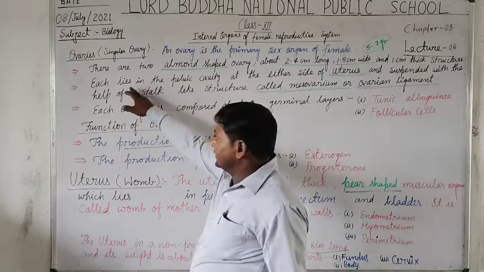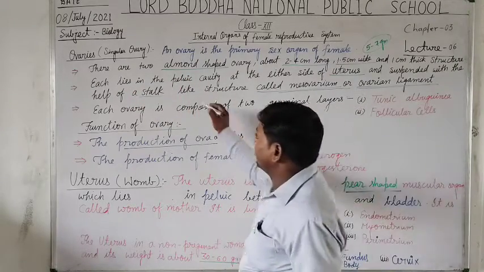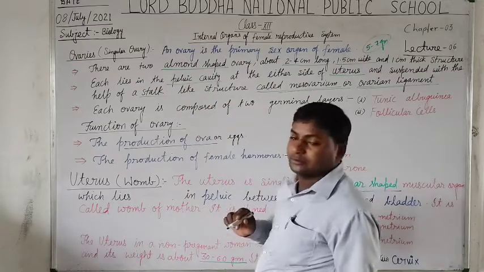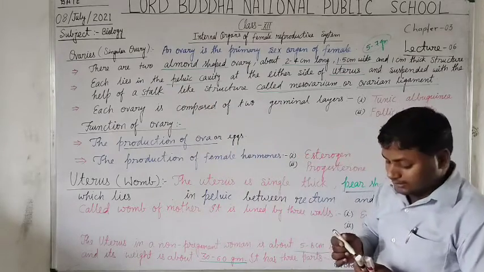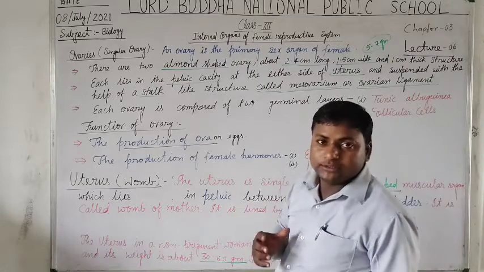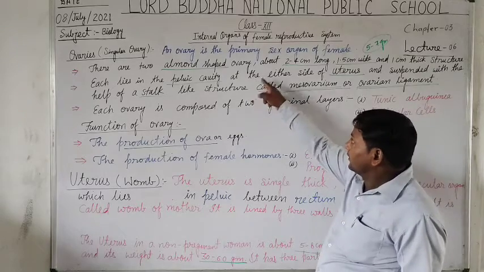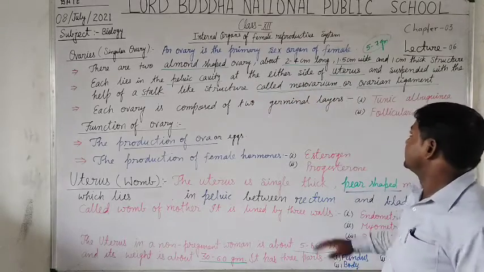Now students, each ovary lies in the pelvic cavity, just behind the pubic bone or pubic symphysis, on either side of the uterus.